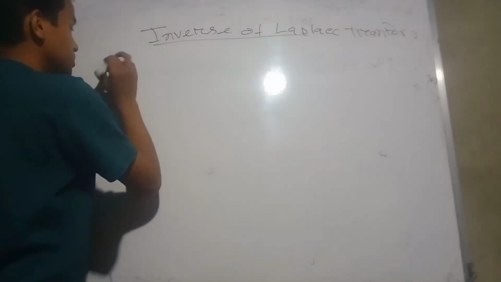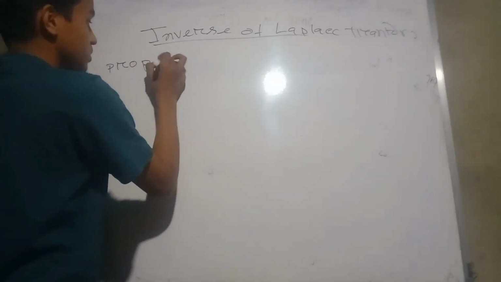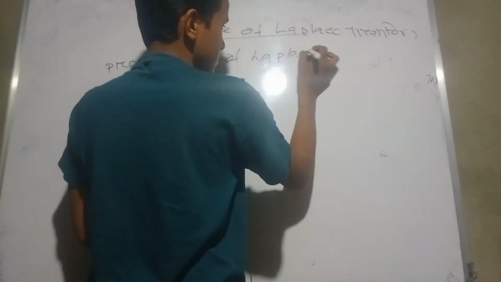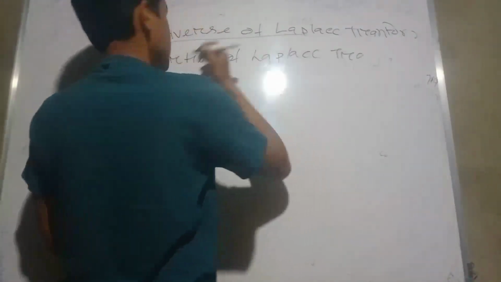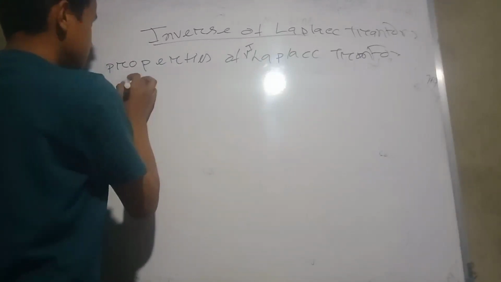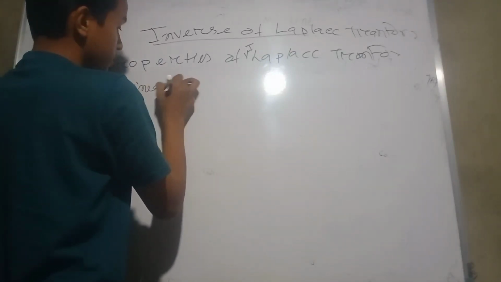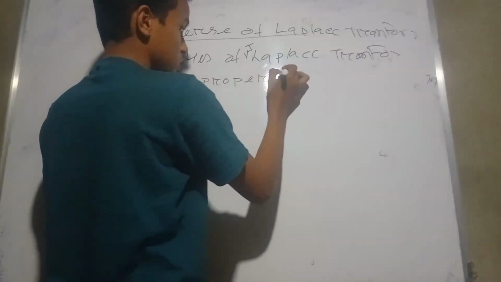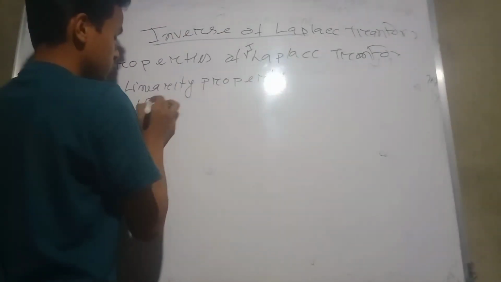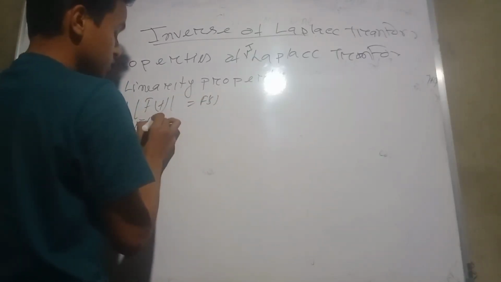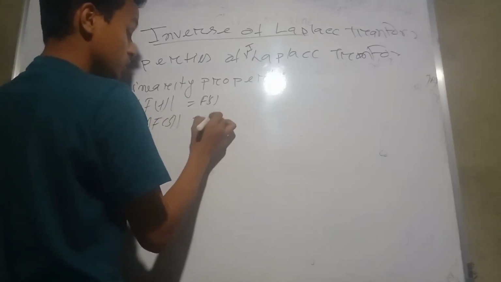Write down the properties of the inverse of the Laplace transform. First, the linearity property. If the Laplace transform of f of t is F of s, then the inverse Laplace transform of F of s is equal to f of t.